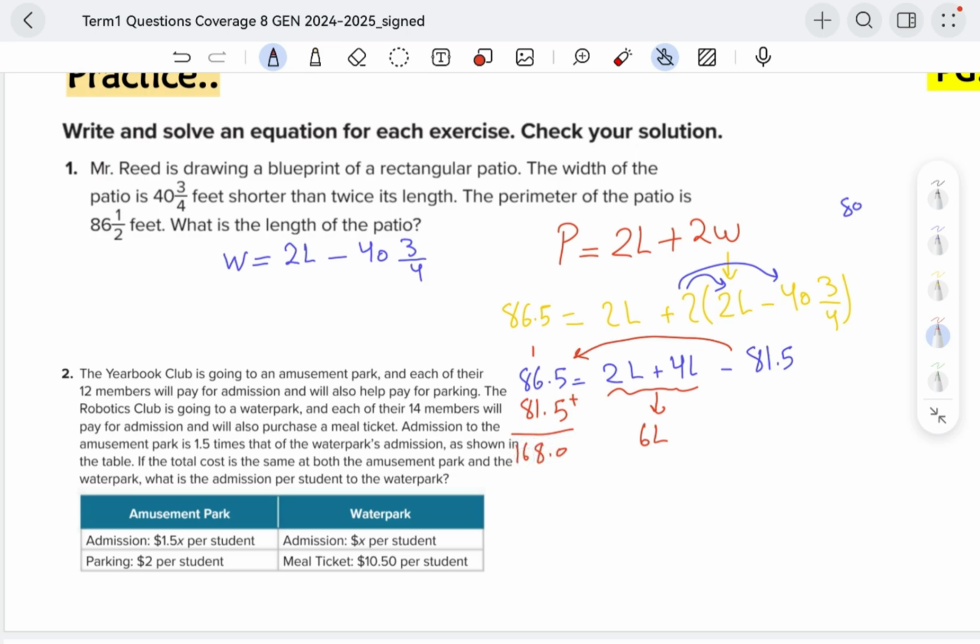So we're gonna have 168 equals 6L. The last step is to divide by 6. 16 divided by 6 is 2, and the remainder is 4. Now 48 divided by 6 is 8. So the value for L is 28.